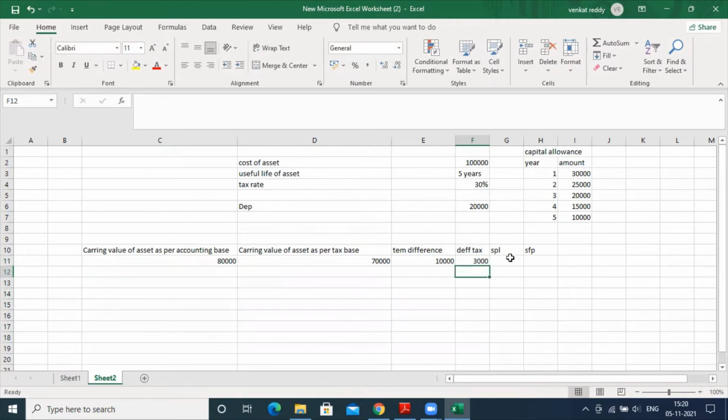In the statement of profit and loss account, we will be adding this 3,000 to the provision for tax.